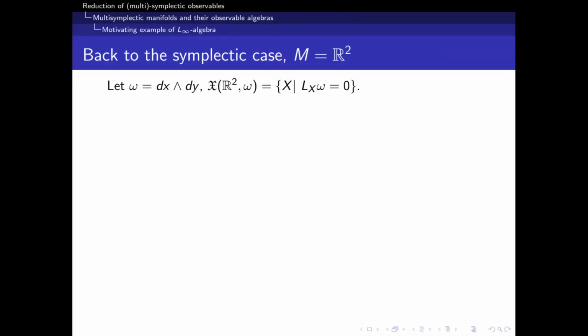So what I want to do is describe the observables in the multisymplectic case, but to do that, I'll motivate them back in the symplectic case in a certain way. So we go to the simplest symplectic case we can imagine, except points, which is we take a two-dimensional manifold, standard volume form, and we look at the space of vector fields which preserve it.